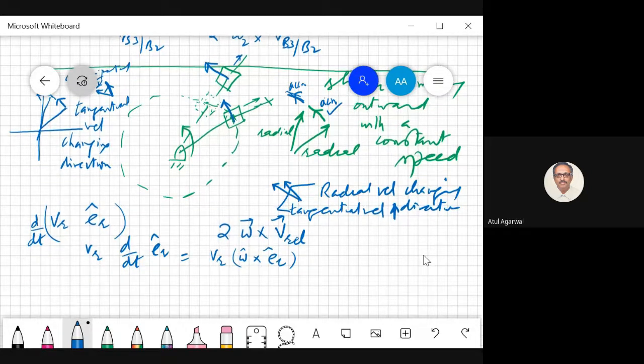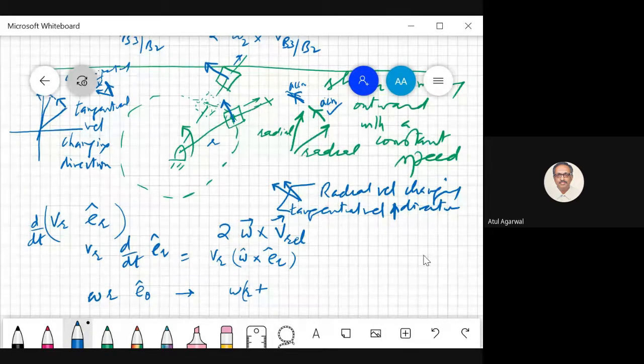Increase in tangential velocity. So initially your tangential velocity was what? Suppose this distance is r, and this was r omega in the direction e theta. Now this changes to what? Omega r.